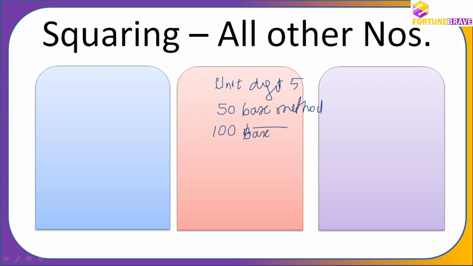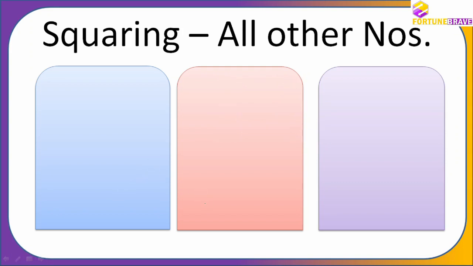And now we are going to learn the general method. This general method you will be able to do for any number. And there are students who want to use only this method. Don't do that, please, because the earlier three methods are much faster than this method.